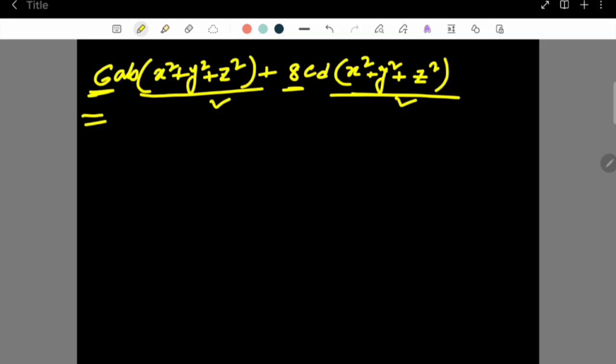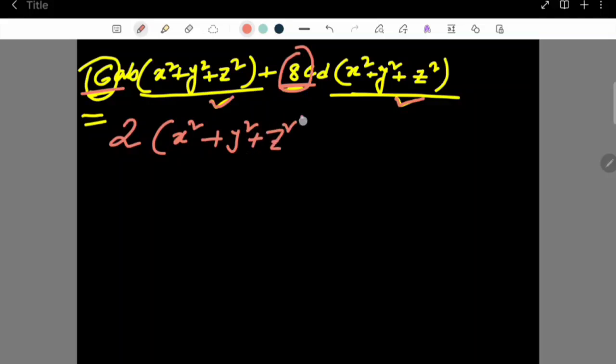Apart from that, here 6 and here 8 are there. From this 6 and 8, what can we take common? We know from 6 and 8 we can take 2 common, and then this bracket part will also come common.